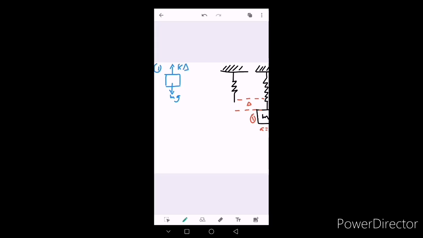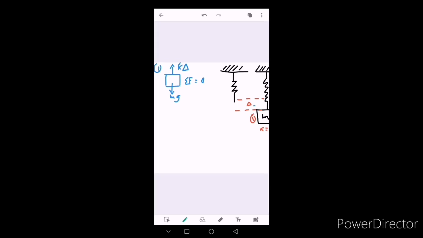K is the constant of the spring, called the spring constant, times delta, the change in position. And as they say, the summation of forces acting on a body in equilibrium is equal to 0.